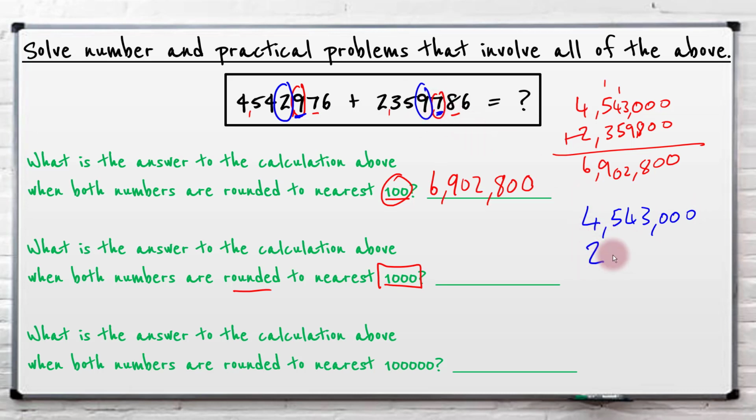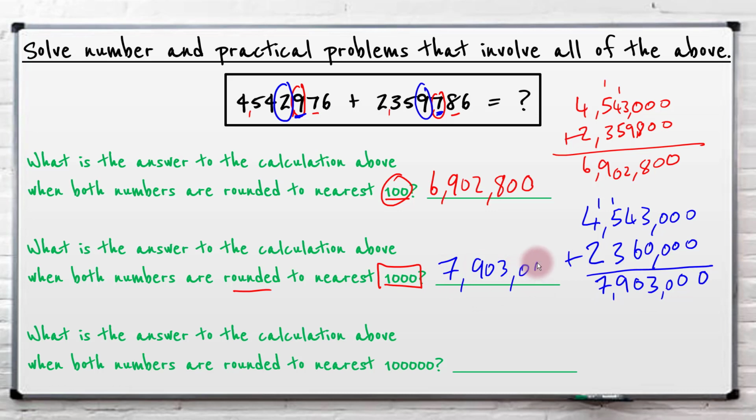So it'll be 2,360,000, because this 9,000, add 1,000 to it, becomes an extra 10,000. So 360,000. And then add them up. 0, 0, 0. And then we've got our 3. And then 10. And then 8 and 1 is 9. And then 7. So 7,903,000.